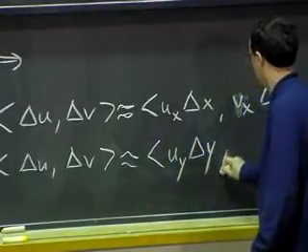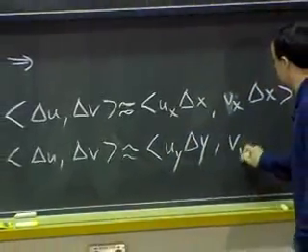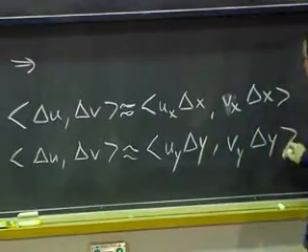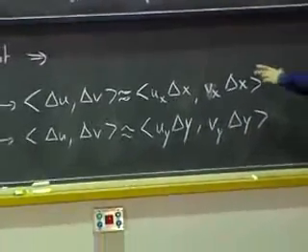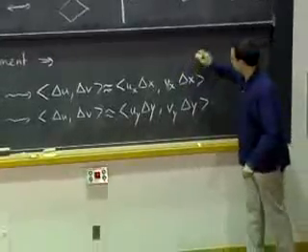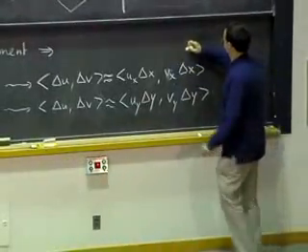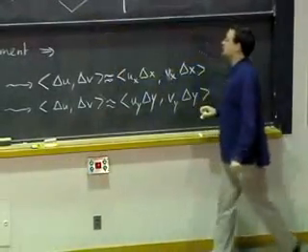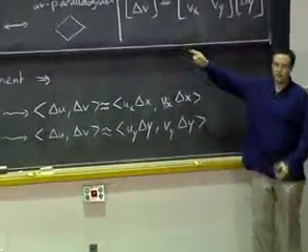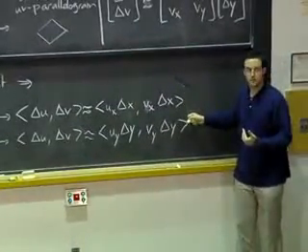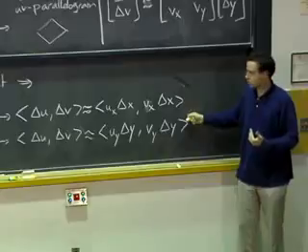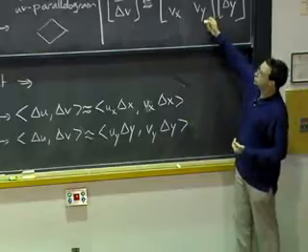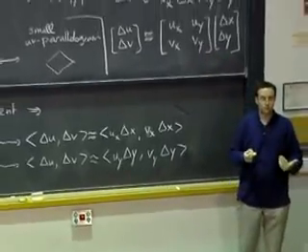That's u sub y delta y, and v changes by v sub y delta y. And so now if you take the determinant of these two vectors, these are the sides of your parallelogram up here. To get the area of the parallelogram, you would need to take the determinant. And the determinant will be the determinant of this matrix times delta x times delta y.